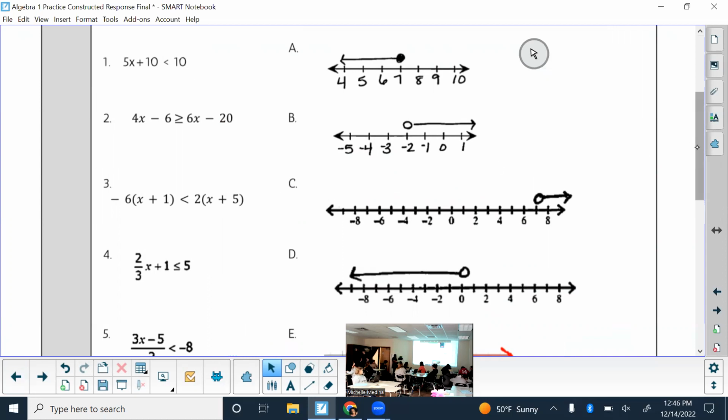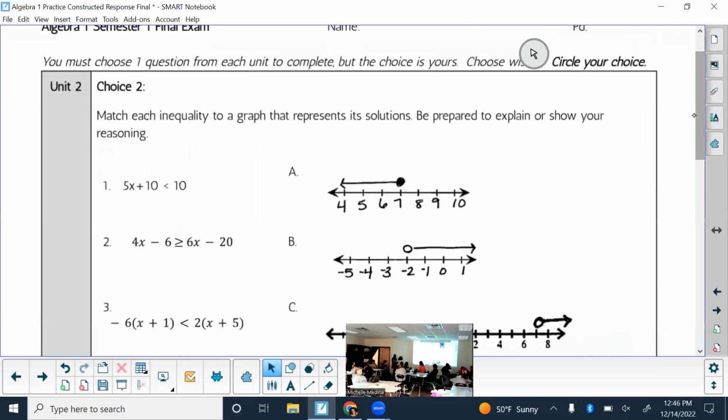But for this one, I like it because you can do process of elimination. Like, for example, number 1, based on the sign, I should be able to eliminate with what? And why can I eliminate all the closed circle lines?